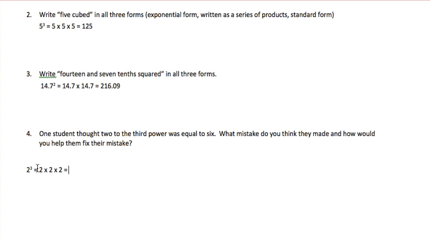You might already realize that what they did was to add 2 to itself 3 times rather than multiply. So in order to help them fix the mistake, we would want to write out, or help them write out, 2 times 2 times 2, and then multiply 2 times 2, which is 4, and 4 times 2, which is equal to 8.